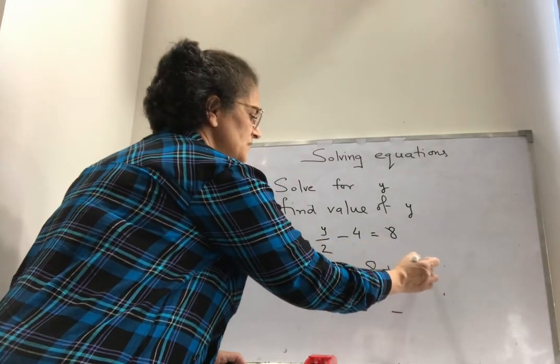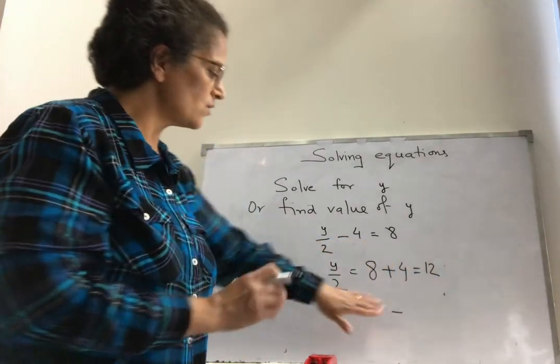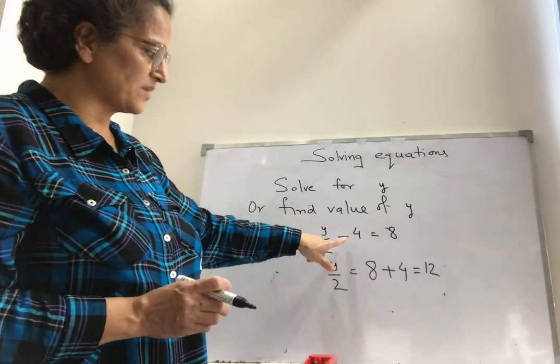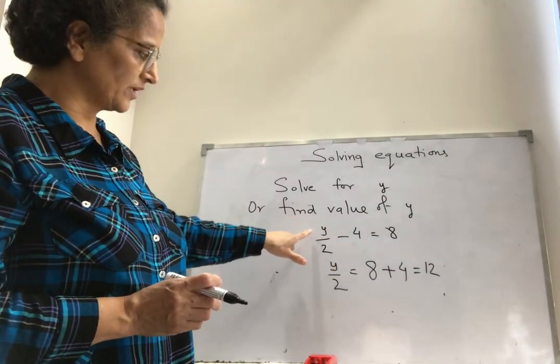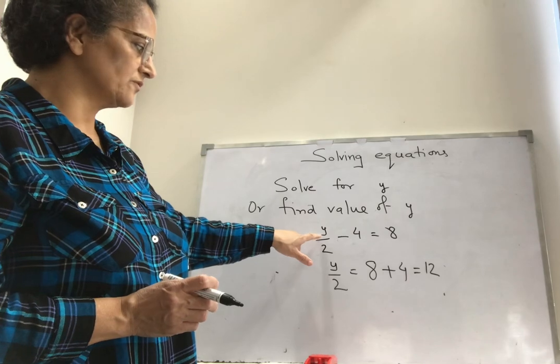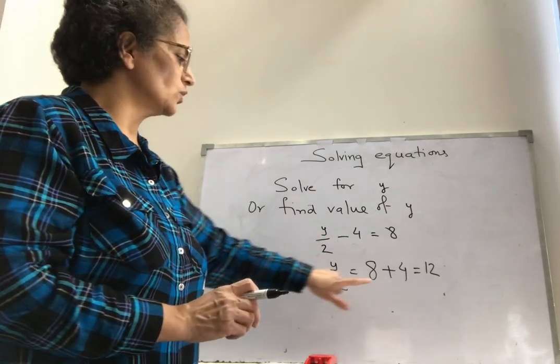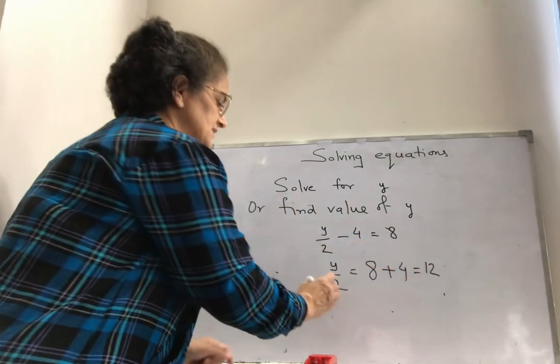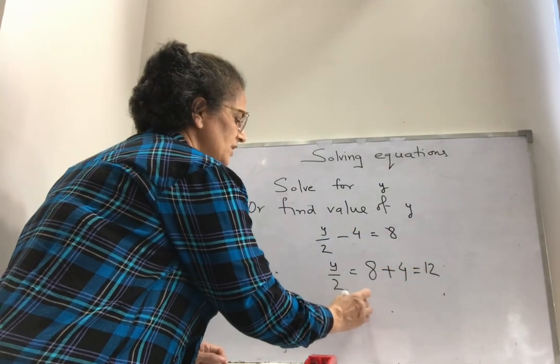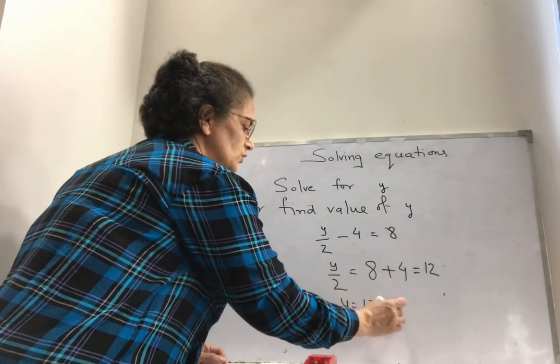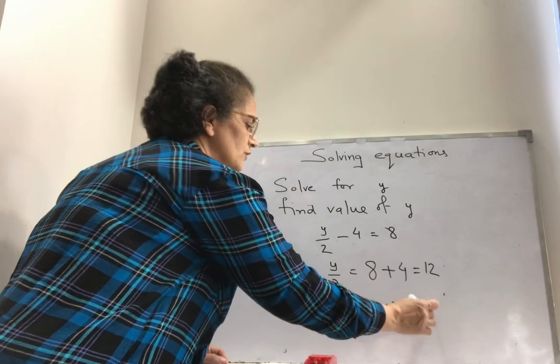So this becomes 12. Now after removal of plus and minus term, we have to look into multiplication and division. Here 2 is dividing it. So now 2 goes and multiplies on the other side. So y will be 12 into 2, that is 24.